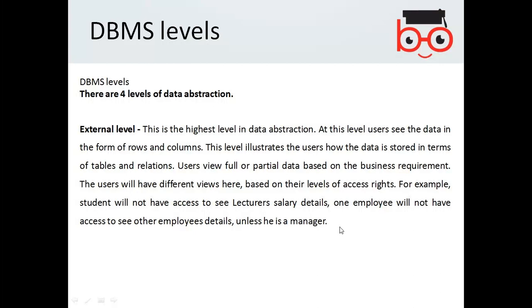At the external level, the view of the database could be given to any device or any layer. For example, a view is the highest level of abstraction, and it could be given to anyone irrespective of the internal level or physical level, as well as how it looks, for example how it shows in the browser, in a particular form, or in any application.